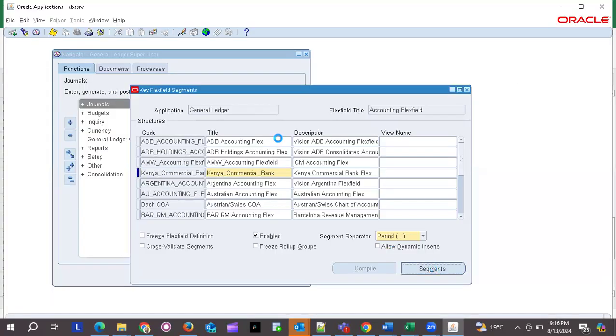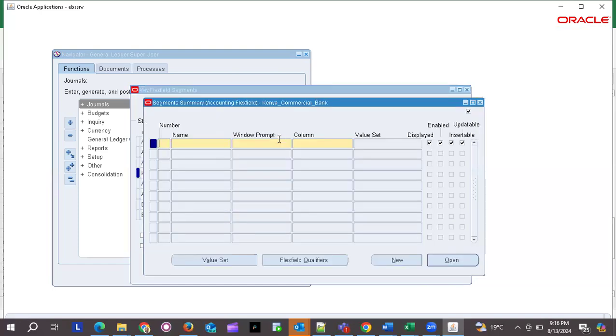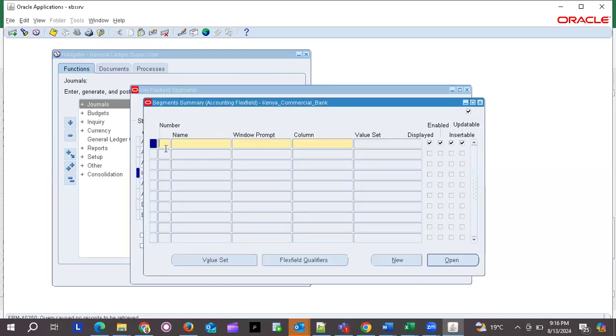You click on segments. Here you can start with the first segment all the way to the last one. And what I was talking about is the number of segments, and that's what in this field you have, the column.